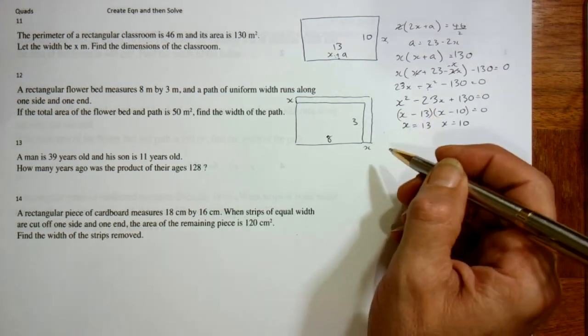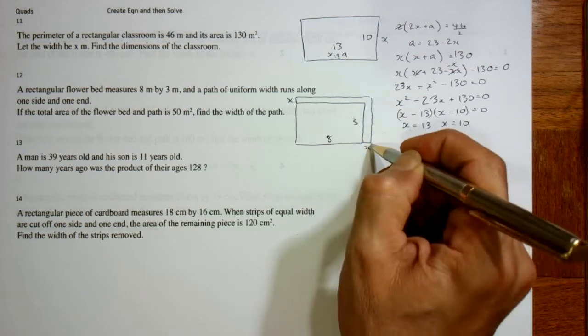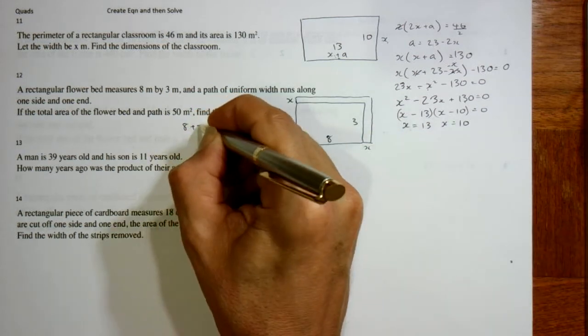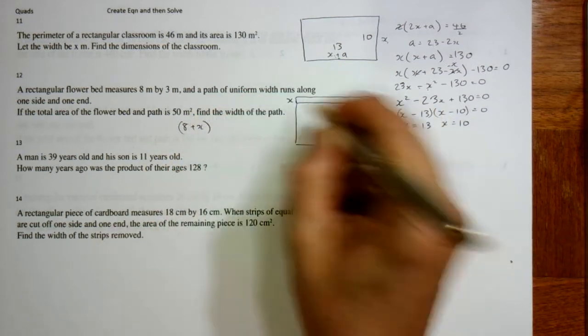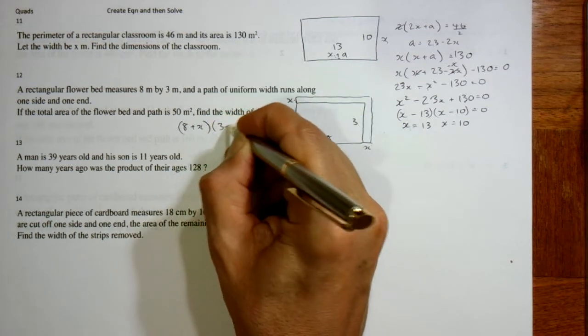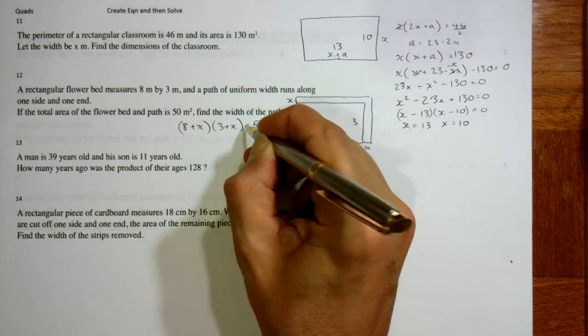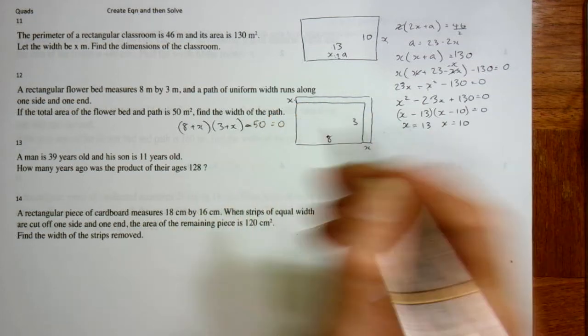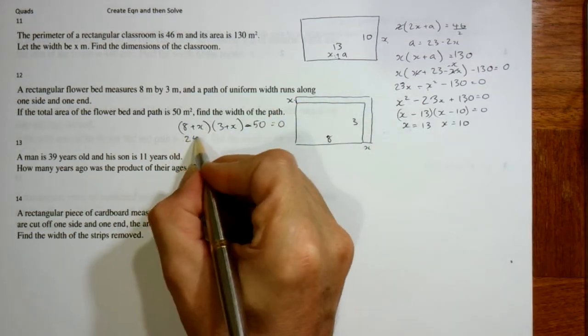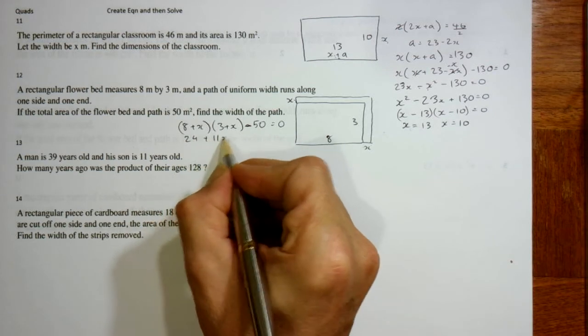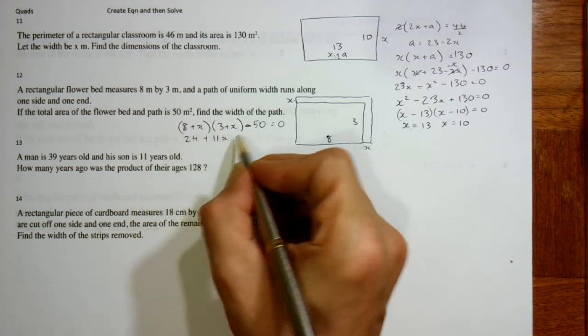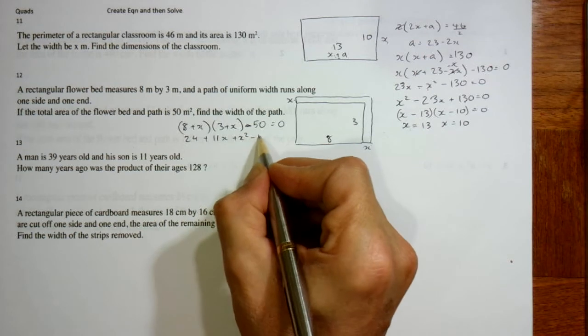So the total area of flower bed and path is 8 plus x, if we times that by 3 plus x, then the total area is 50. So take away 50 is equal to 0. Multiply out: 24 plus 11x, 8 and 3 both times x, plus an x squared, minus 50.